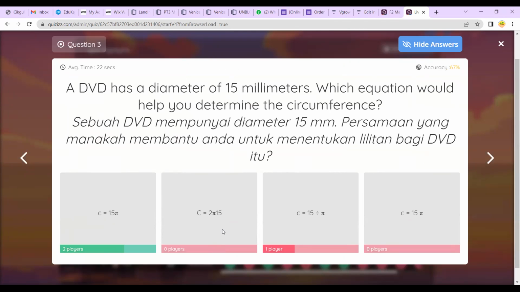Since 2 radius is equivalent to diameter, the answer is circumference equals pi times diameter. So for this type of question, whenever you see circumference, write down the equation C equals 2 pi r, then change it according to the question.